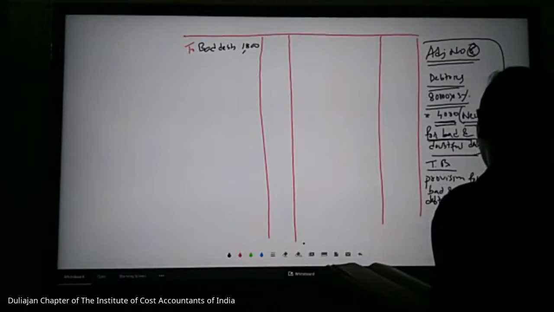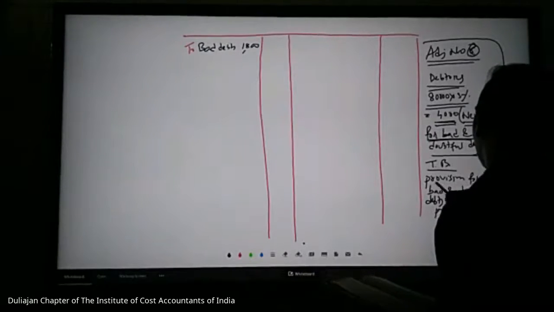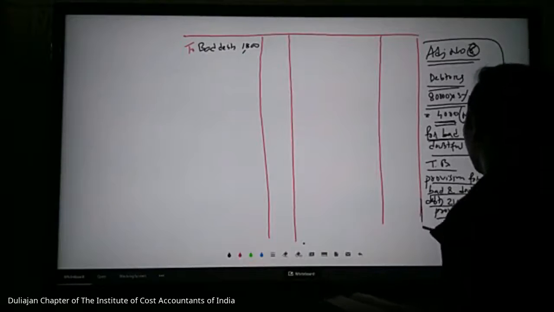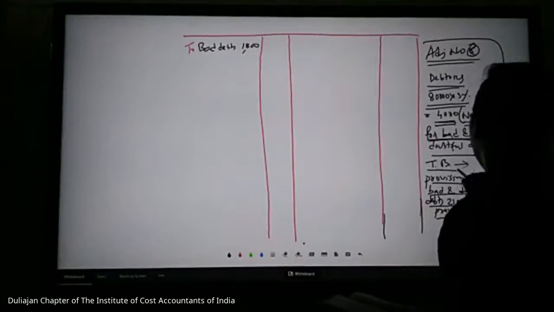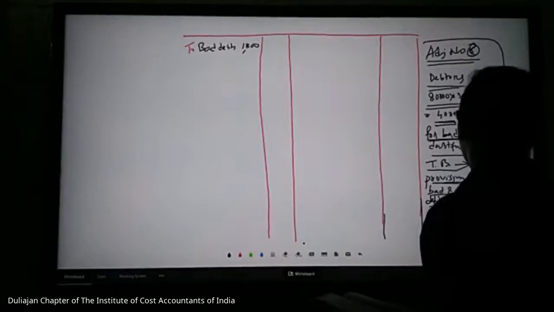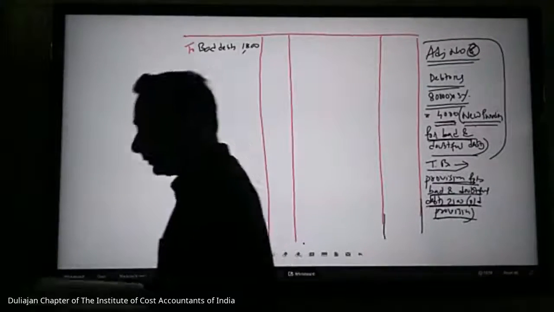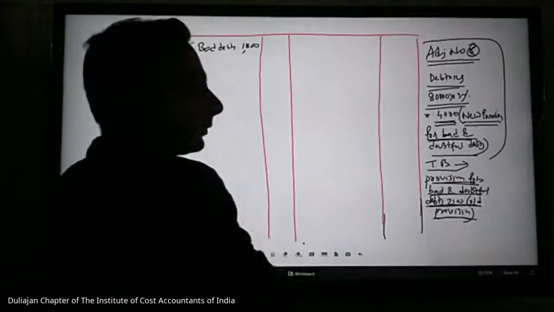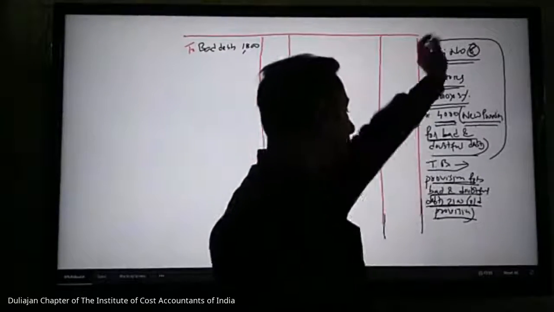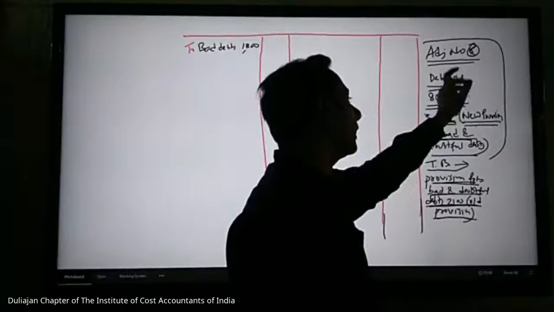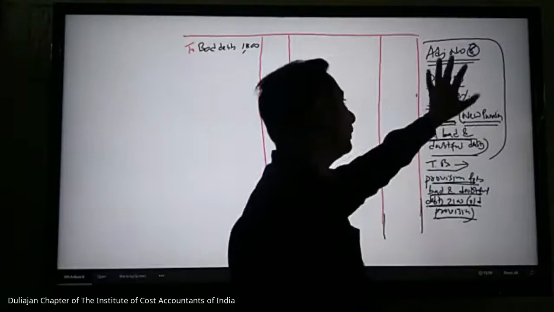This is the old provision because it is given in the trial balance. The trial balance items are old provision. Old provision 2,100 is given in the trial balance, and the new provision is given in the adjustment.